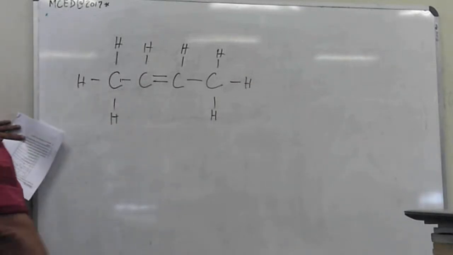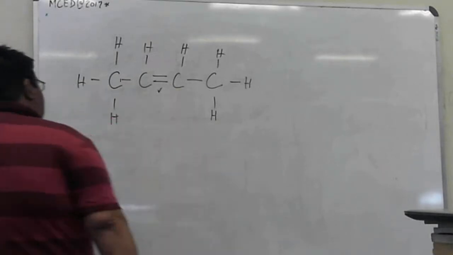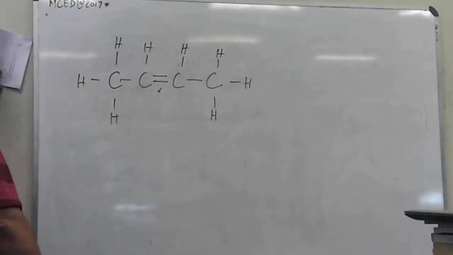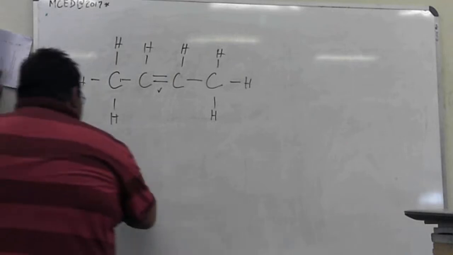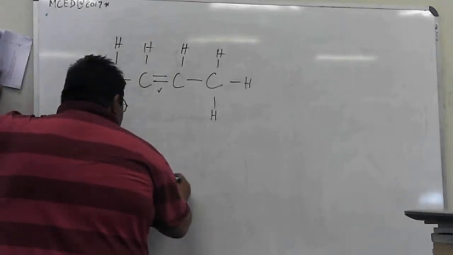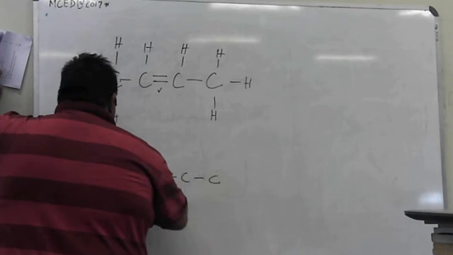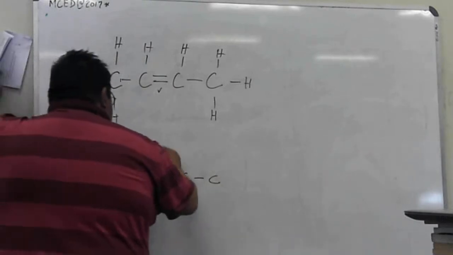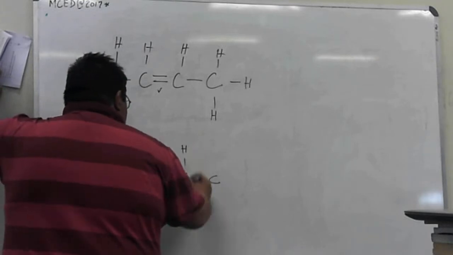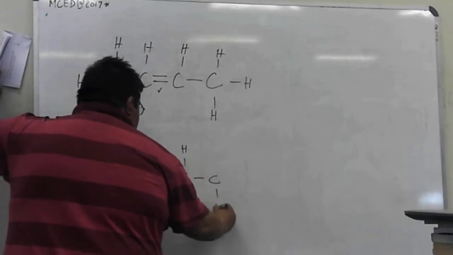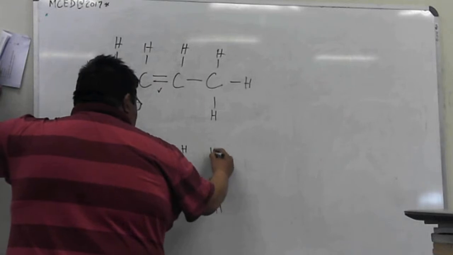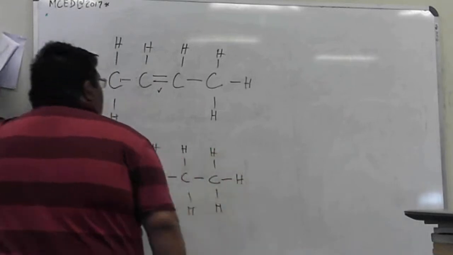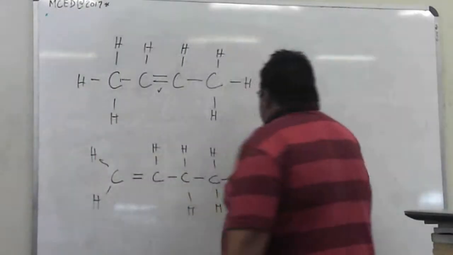So positional. They speak about the position of the functional group. So there's your functional group on carbon number 2. If I move it to carbon number 1, and we start counting again, because it's an isomer, we count, we double check, we see C4.